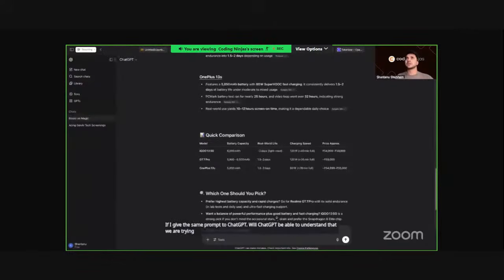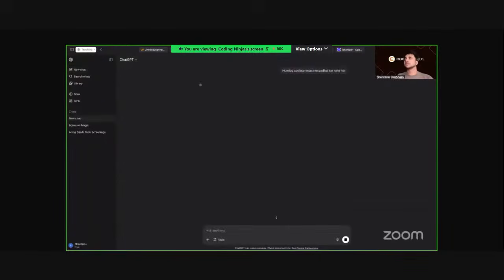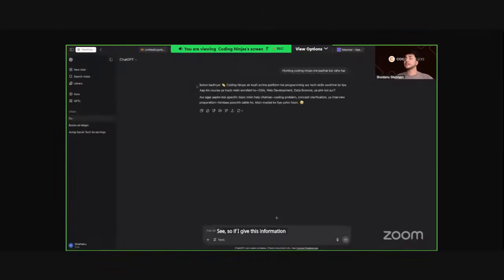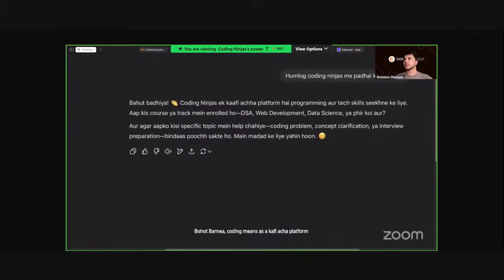Let's check. See, if I give this information to ChatGPT, it is able to understand it as Hindi. It says, बहुत बढ़िया, कोडिंग निंजा से काफी अच्छा प्लेटफॉर्म है प्रोग्रामिंग और टेक स्किल्स सीखने के लिए. आप किस कोर्स या ट्रैक में एनरोल्ड हो, डीएसए, वेब डेवलपमेंट, डेटा साइंस या फिर कोई और?